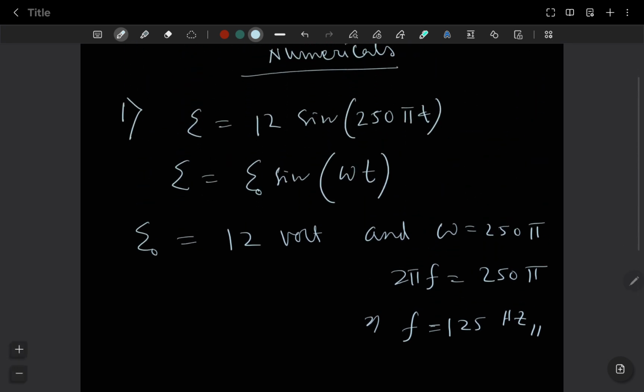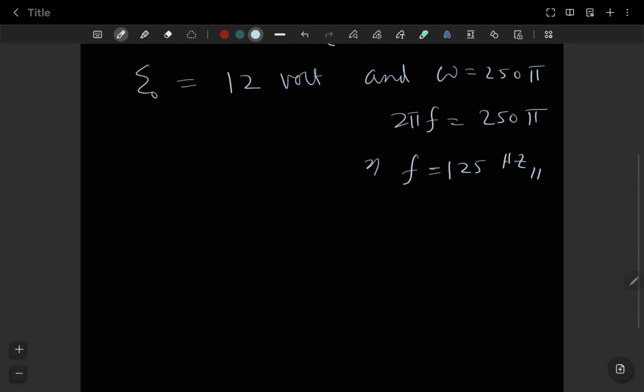Anyway, what we have to do is the energy dissipated. So the energy dissipated will be certainly power into time, P dt, from 0 to 1 millisecond, call it T. We'll later put the limit.